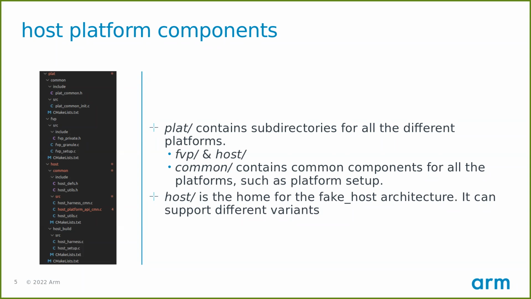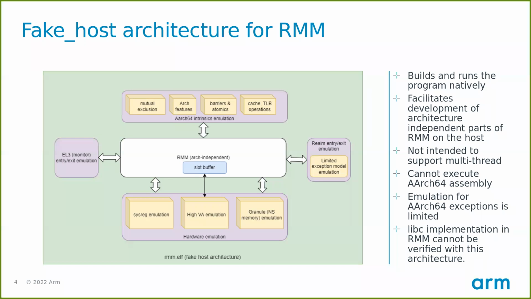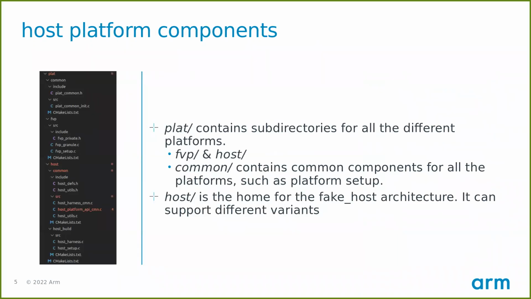So actually, this host build and those host harness and host setup are the equivalent to what it was on the previous slide, the hardware emulation layer, right? Those are just in charge of emulating all the components that we cannot run natively because we are running on a different platform.